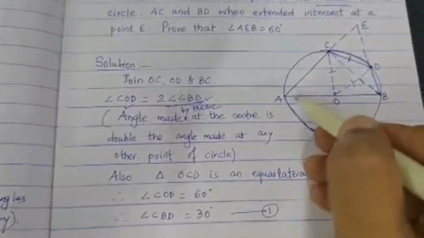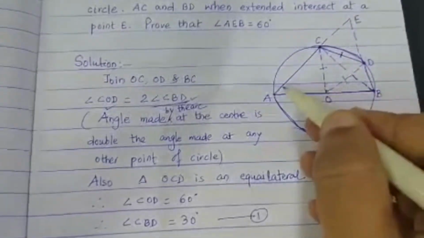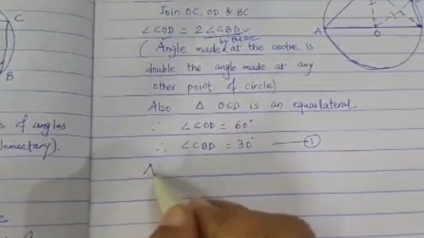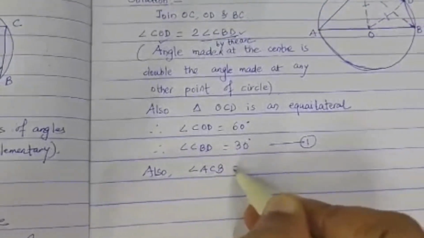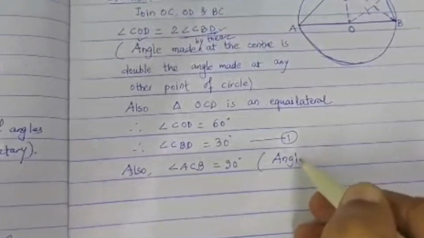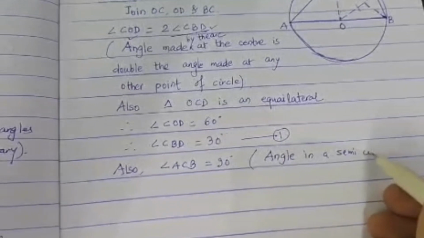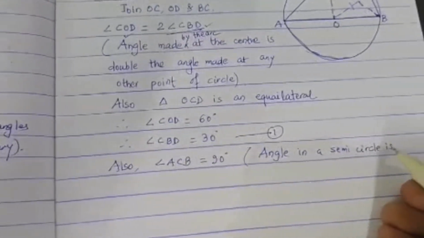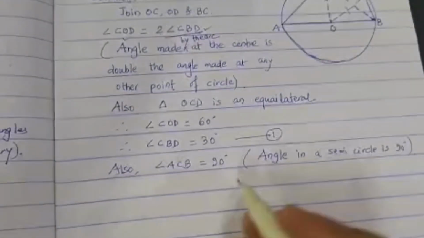Now one more thing we can see here. This is the diameter and it is making an angle here. So angle ACB is equal to how much? Angle ACB is equal to 90 degrees. We have read it: angle in a semicircle is 90 degrees. We have seen its proof also.